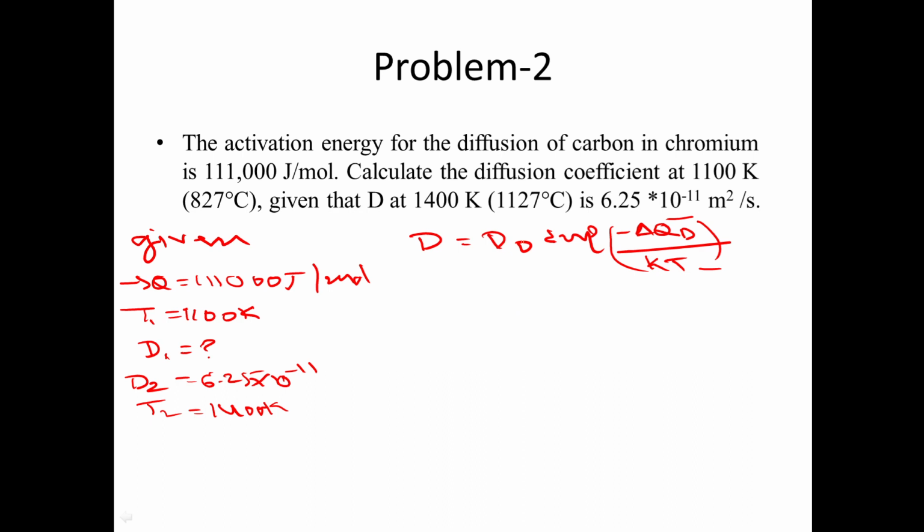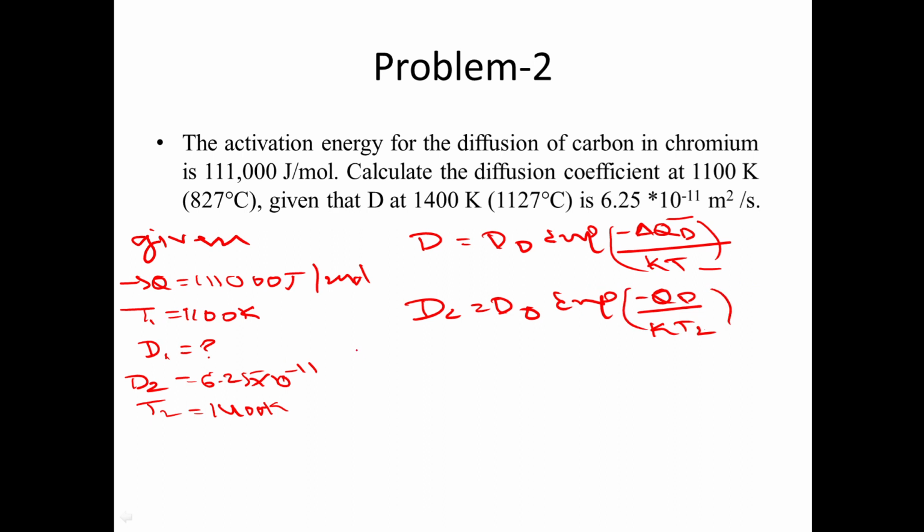To calculate the D naught, we can use the other equation, the other given thing, that is D at T2 equal to D naught into exponential of minus QD divided by K into T2, right?